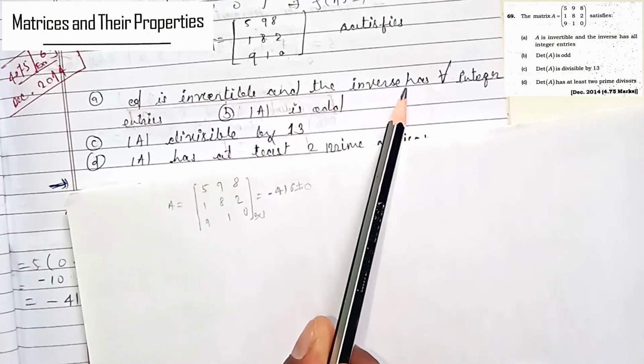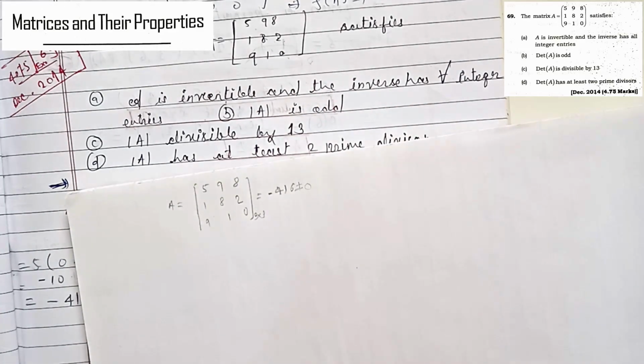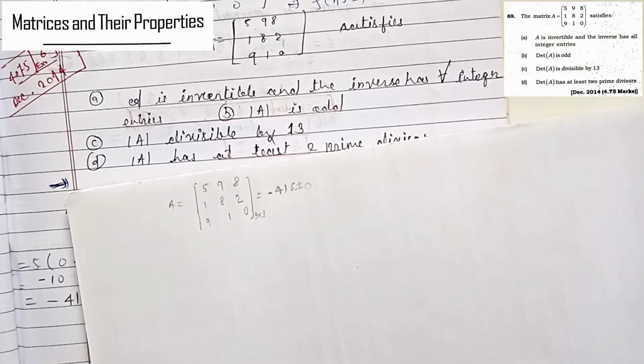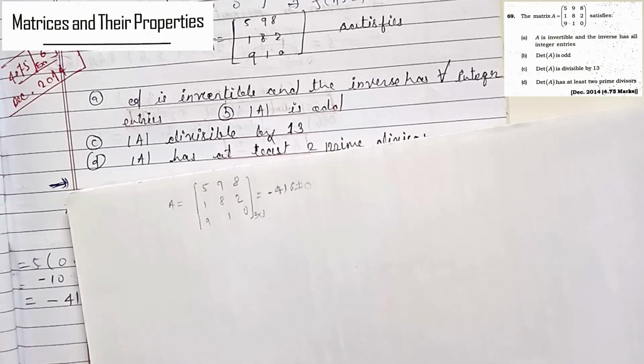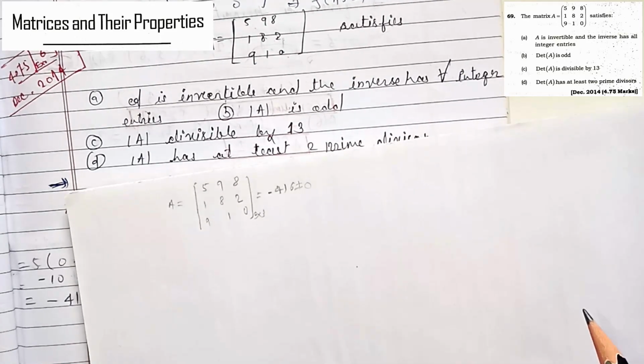But the second part says the inverse has all integer entries. For finding the inverse, there are plenty of ways. Within those, I feel we have to use the minor, cofactor and adjoint method. First we find the adjoint, and then we multiply by 1 upon the determinant of A, and we get the inverse of our given matrix.